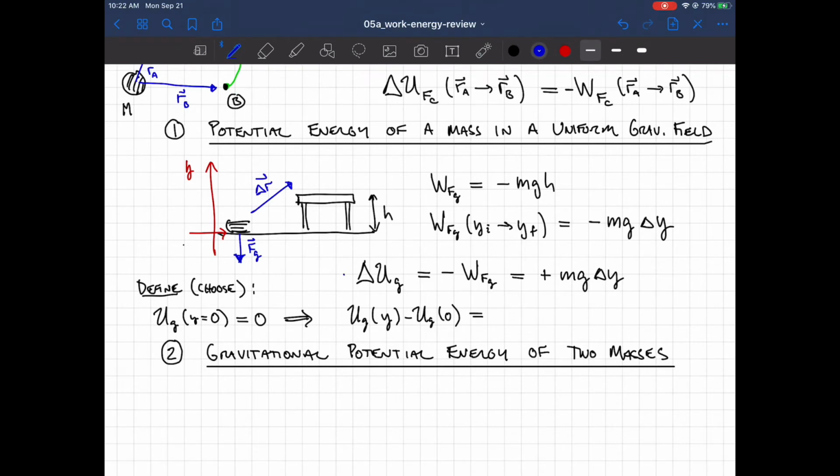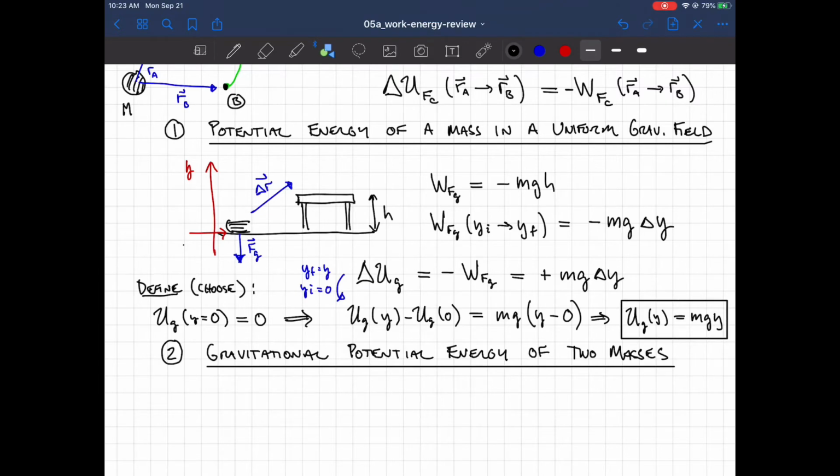So if I choose y final equal to y and y initial equal to 0, then the right-hand side of the equation is mg times y final, which is y, minus y initial, which is 0, and we get Ug as a function of y is equal to mgy. So that's a slightly different expression, and that's called the potential energy function.